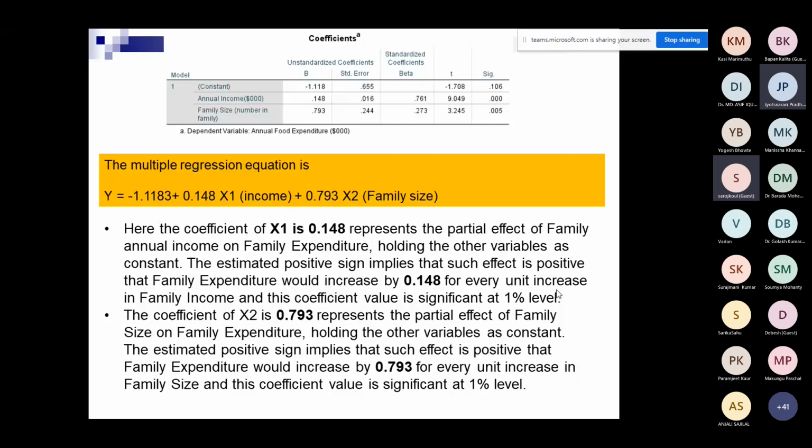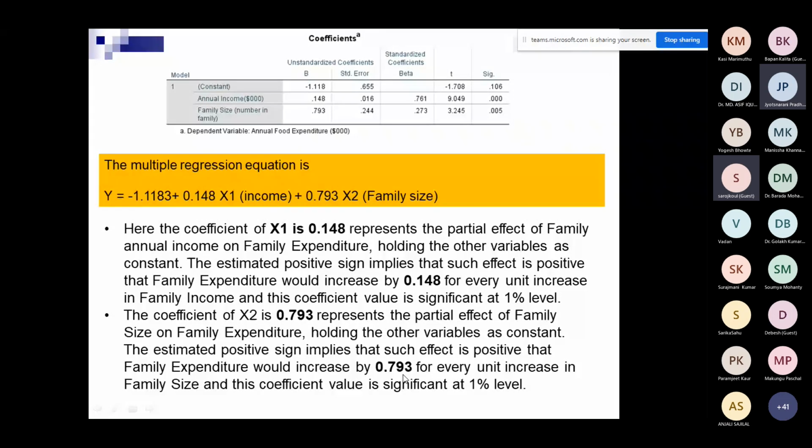This represents the partial effect of family annual income on family expenditure, holding the other variable constant. The positive sign implies the effect is positive: as income increases, expenditure also increases. X2 is 0.793. This represents the partial effect of family size on expenditure. The positive sign implies family expenditure would increase by this much when family size increases by 1 unit.